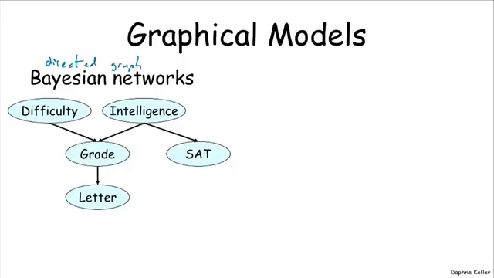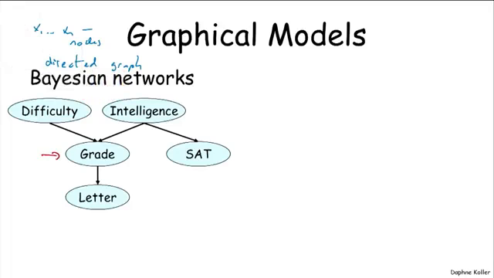In this case, remember, we had a set of random variables x1 up to xn. The random variables are represented by nodes in the graph. So to take a look at this very simple example, which we'll discuss again later, here we have a situation where we have a student who takes a course and gets a grade in the course.